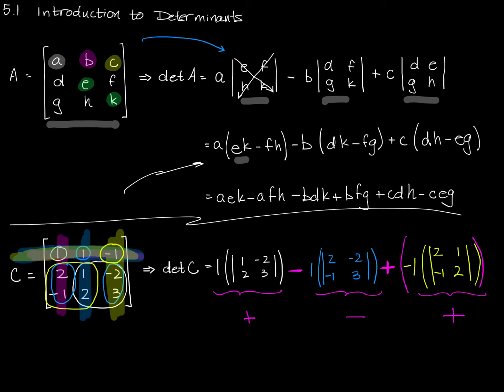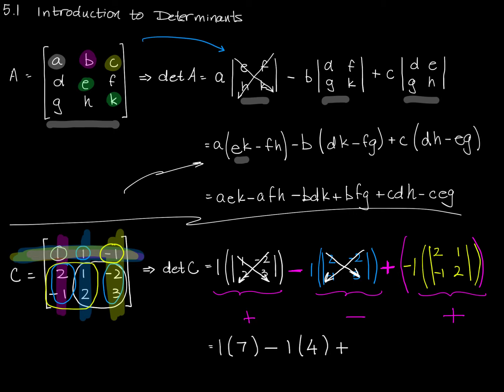Okay, so now I'm going to do the rest of the computation. So I'm going to get this leading 1 times the determinant of the 2 by 2 matrix inside here. So 3 minus -4. 3 plus 4 is 7. Then I'm going to subtract 1 times 6 minus 2, or 4.